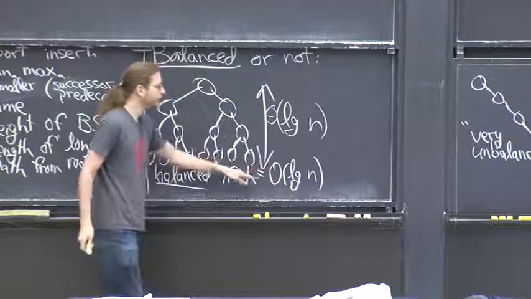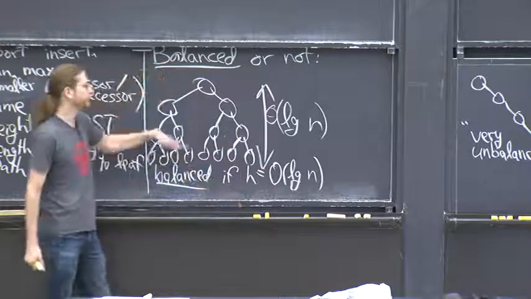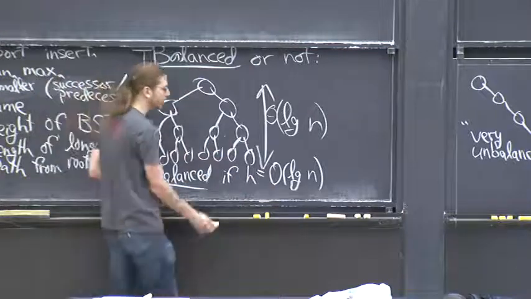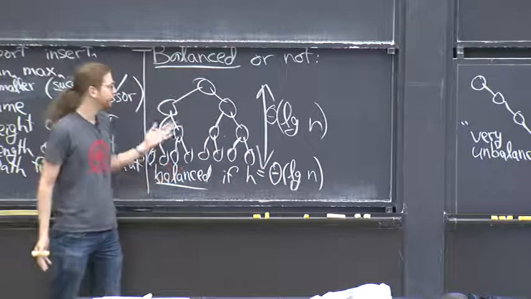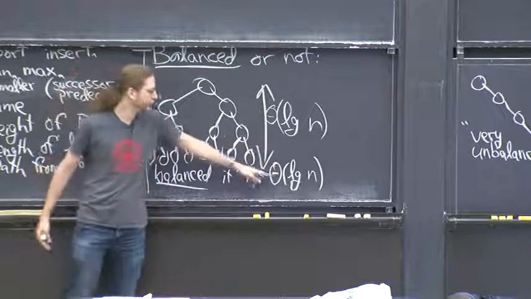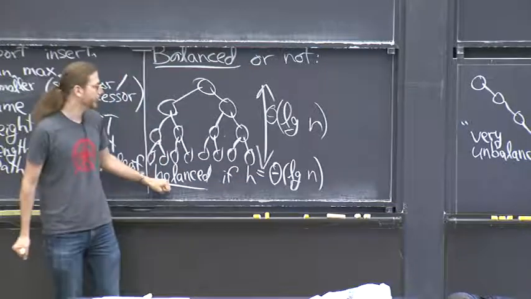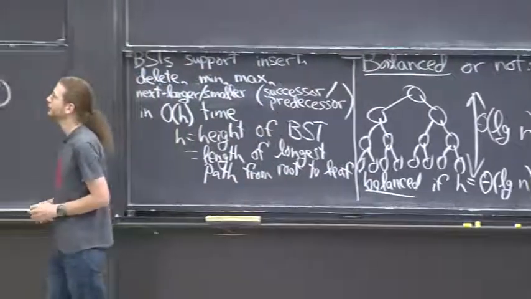If your height is always order log n, we get a constant factor here. Here it's basically exactly 1 times log n. It's always going to be at least log n, because if you're storing n things in a binary tree, you need to have height at least log n. So in fact, it will be theta log n if your tree is balanced.